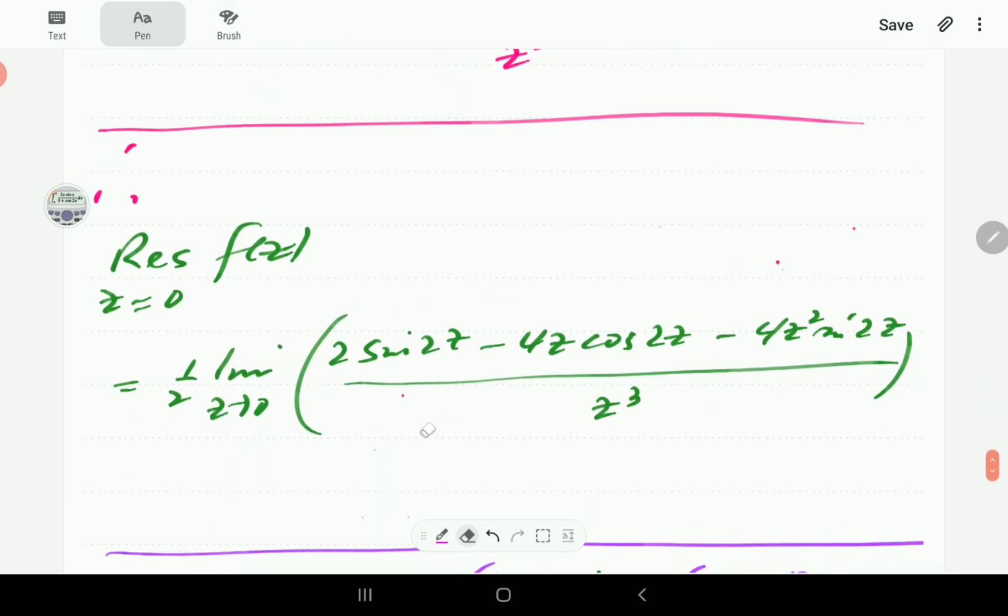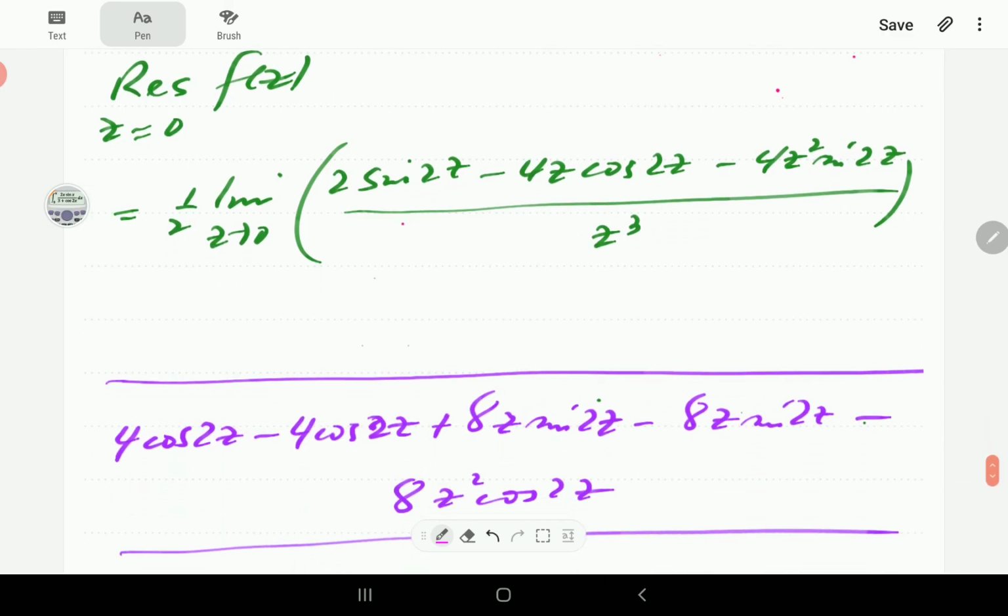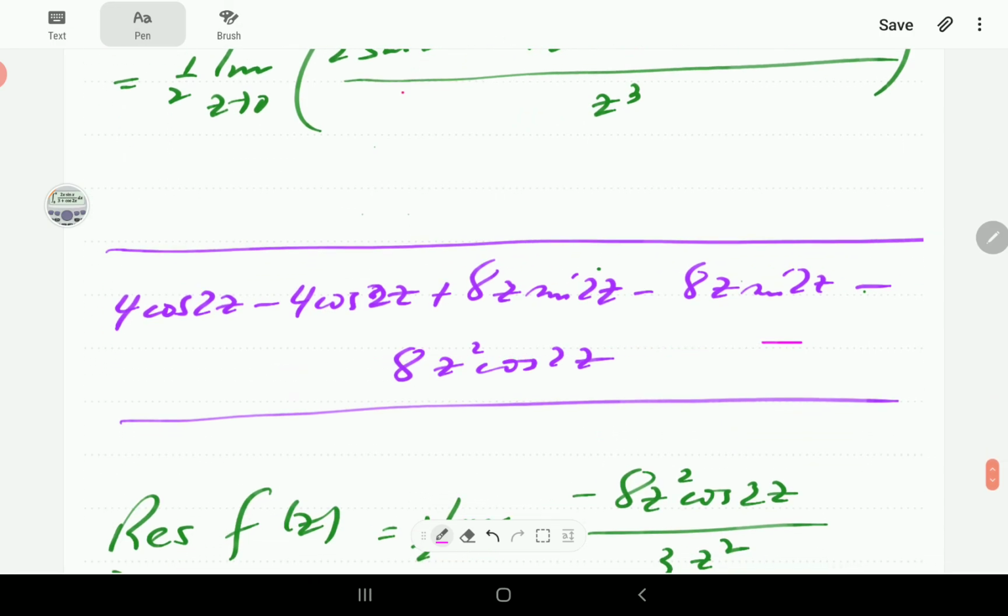So then plugging it into the definition, we're looking for the limit of this as z goes to 0. And then again, if we plug in z is 0, we get 0 over 0. So we can use L'Hopital's. With L'Hopital's, we differentiate this separately and this separately. The derivative of this one is here, from which you can see that this cancels out and this cancels out.